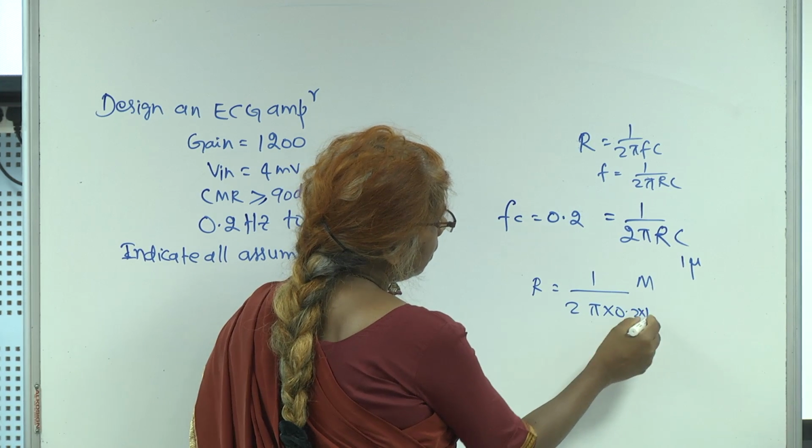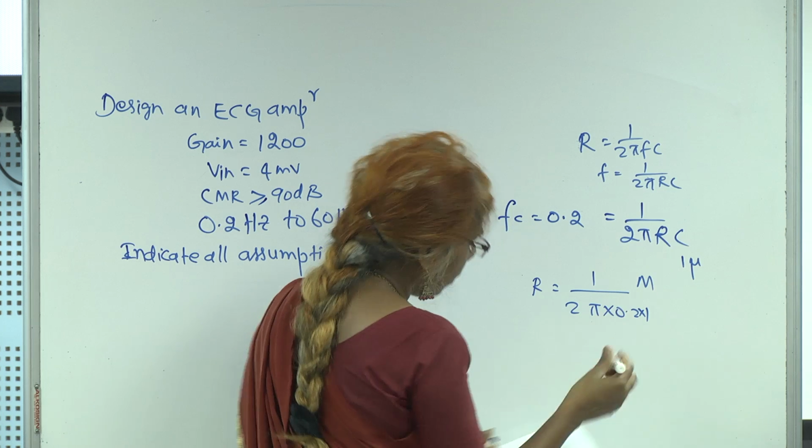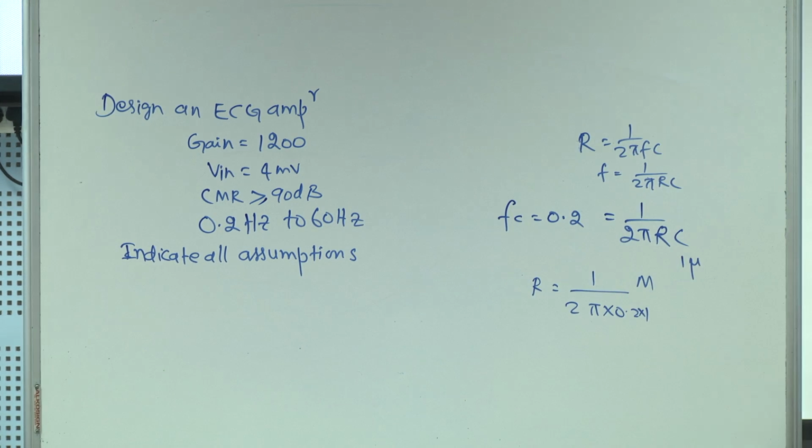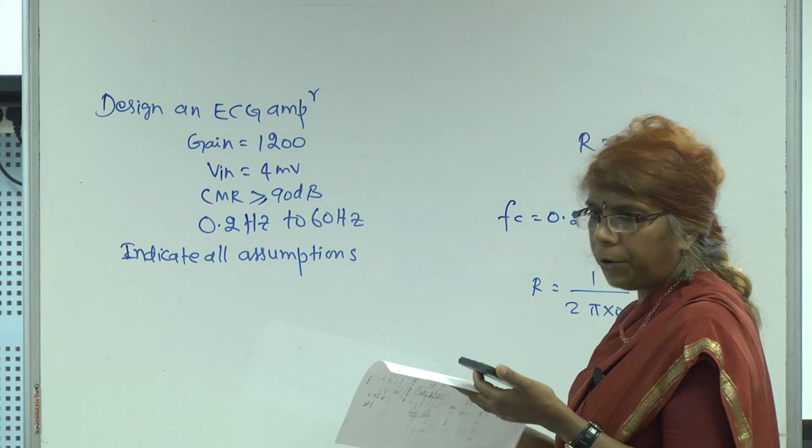Because this is micro, I am going to get in meg. So 2 pi times 0.2 is how much? Two times pi times 0.2, and 1 over that is 0.79577, so 0.8 meg ohm.